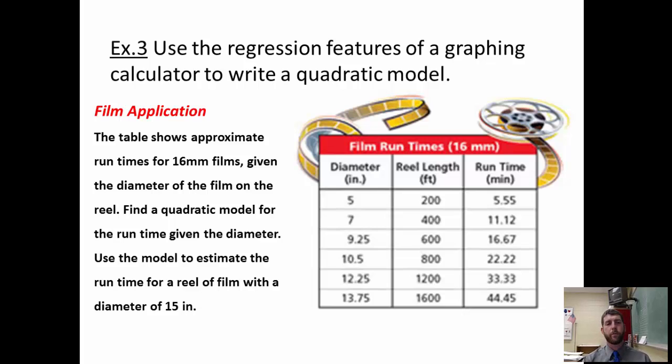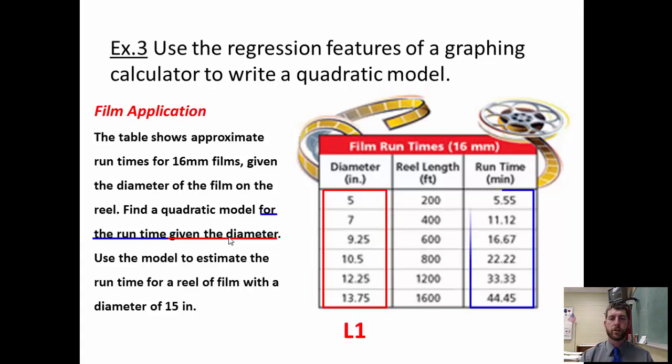Well, it says we're finding the runtime given the diameter. So we're going to start with the diameter, and then we're going to get the runtime from that. The runtime is a consequence of the specific diameter. So the diameter should be our L1, and the runtime should be our L2. The reel length has nothing to do with this problem. That's just some extra information they decided to give you.